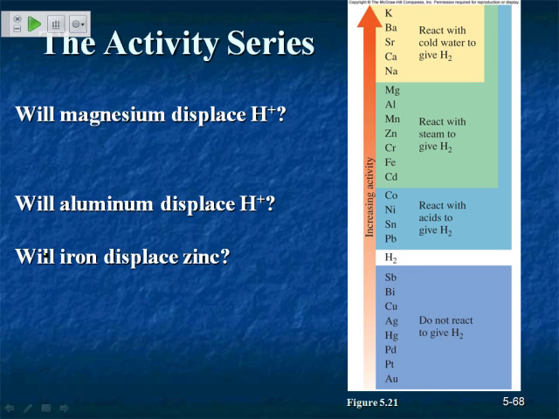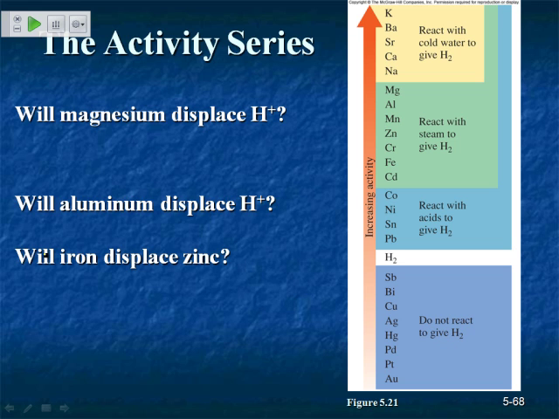It's on page number 185 of your book, activity series. And again, this does not list all the metals, but we will see most of the metals we encounter in the lab or in day-to-day compounds.